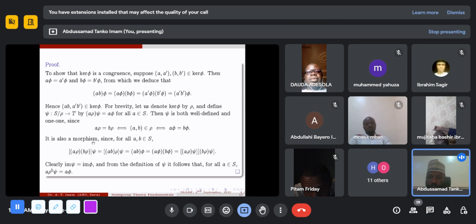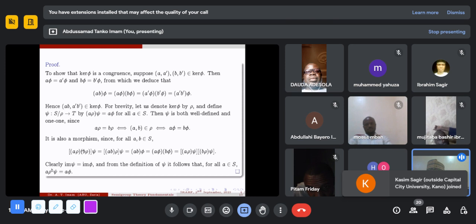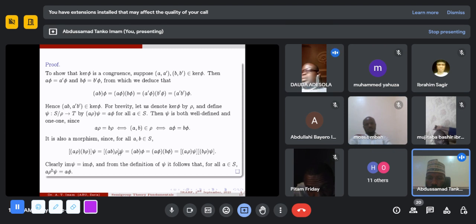And it is also a morphism in the sense that it preserves composition of kernel classes. If you take the image of a product of rho equivalence classes under psi, by the definition of the product we have defined in the quotient semigroup, this is AB rho. And then AB rho will be mapped to AB phi by psi.